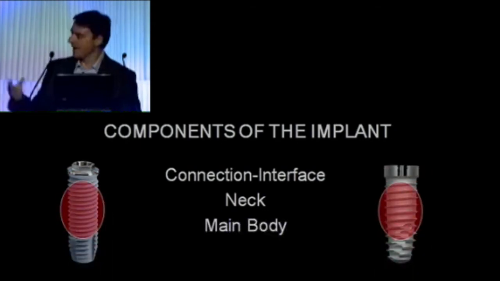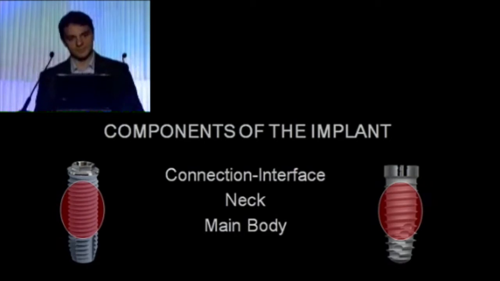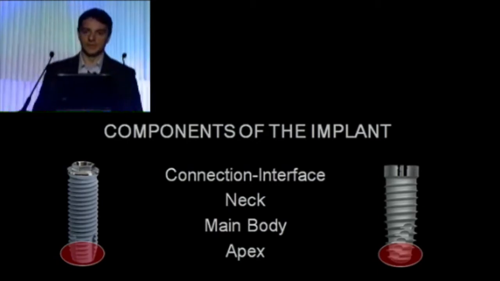And then we have the main body, which is responsible for translating the loads from the crown to the implant interface, and finally to the bone. And then we have the apex, which is, in my opinion, still a very important part because of the surgical placement. It can play a very important role during implant placement.